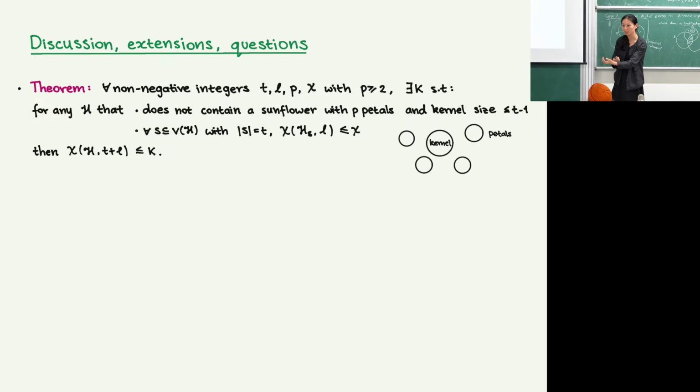So basically we can replace this intersecting property with excluding a sunflower, and then all we need is for these links to have okay strong chromatic number as well.